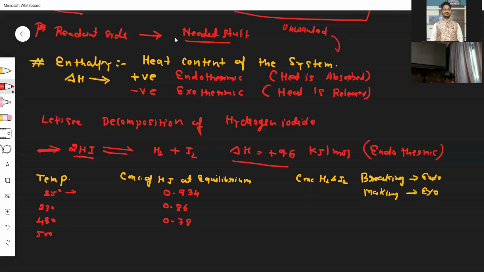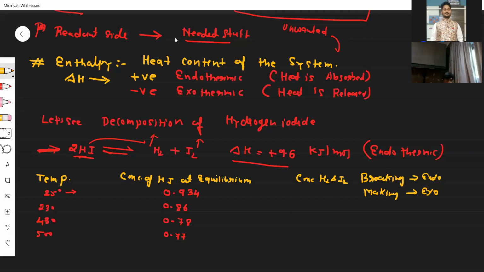You heat it again, and it is very much less, 0.77. As the concentration of HI is decreasing, there is an increase in the concentration of hydrogen and iodine.